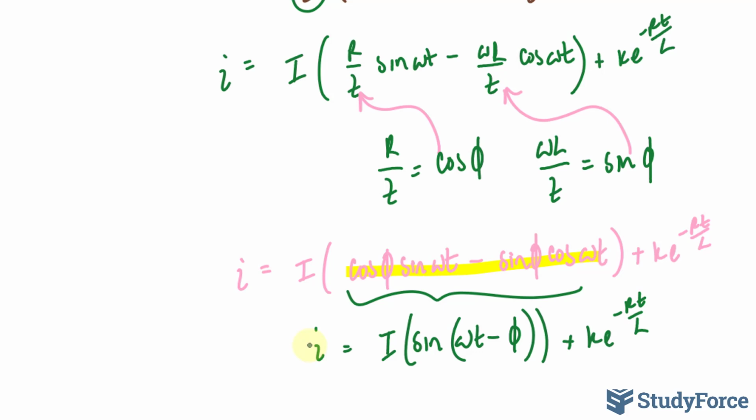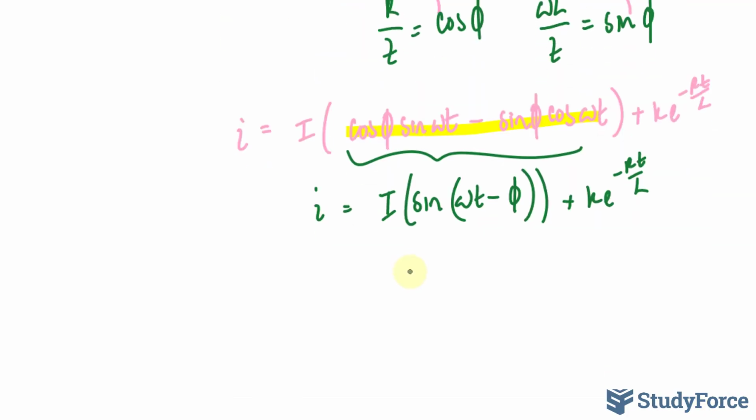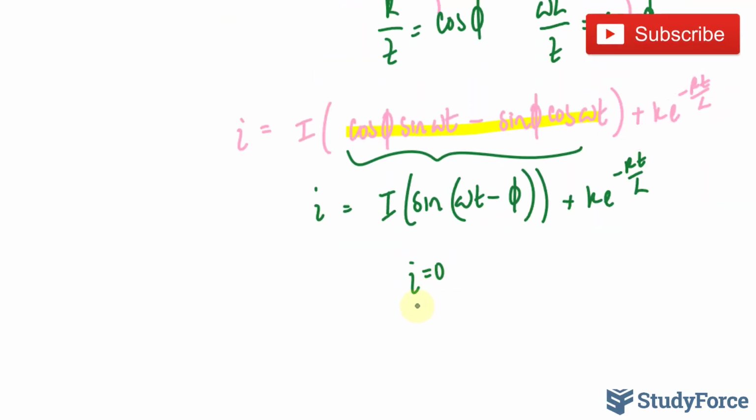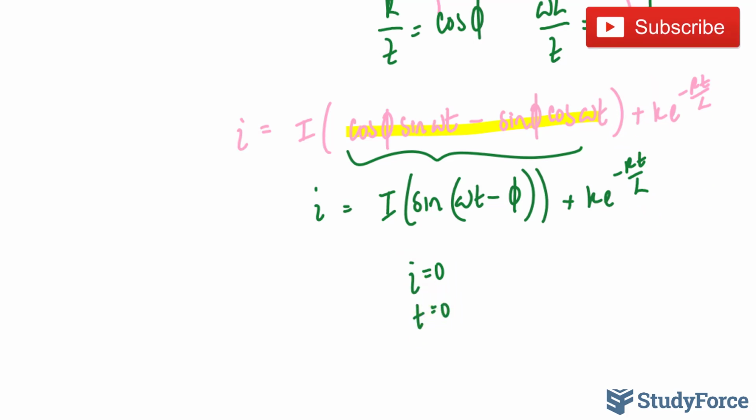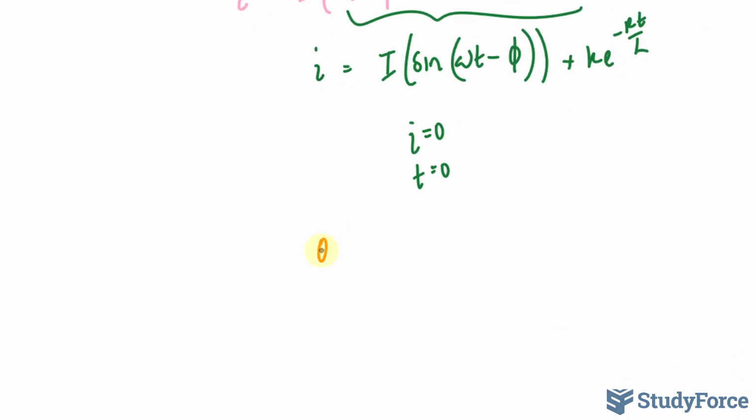At this point, we can find out what k is by substituting I is equal to 0 when t is equal to 0. Let's see what happens. Substituting t is equal to 0 into here, we end up with capital I sine negative phi plus k e to the power of 0 here makes this whole thing 0.